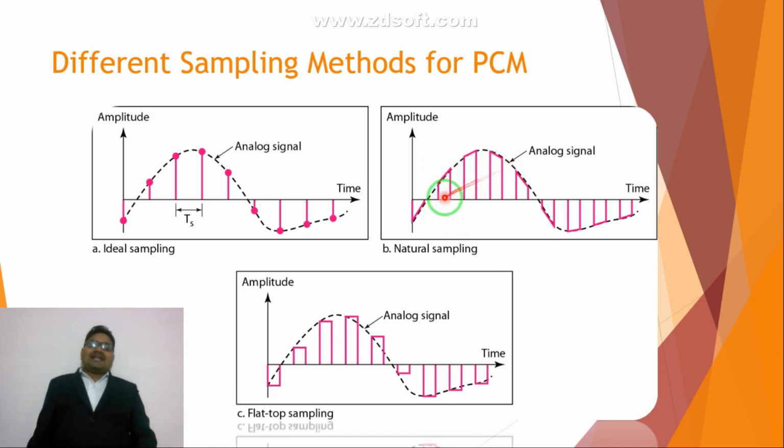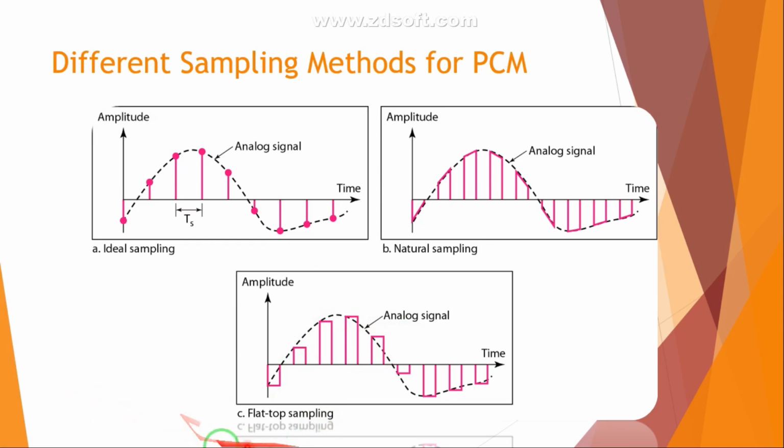The pulse has a specific width, but in order to overcome the disadvantage of natural sampling, we go for flat top sampling. Flat top means the top of these samples is flat, so that the noise could not be easily added to these pulses.